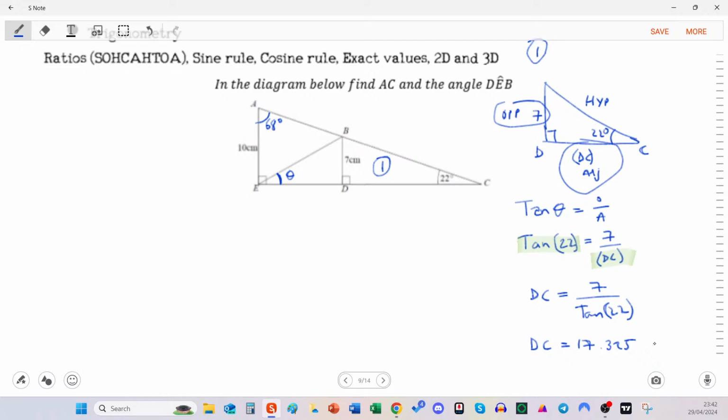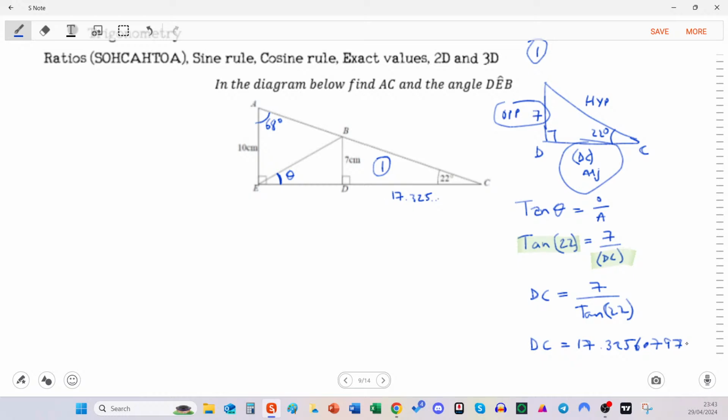17.325, 60, etc. Okay, so we're going to leave that on the calculator ready. But what we found is the bottom, 17.325... In fact, I'm not going to keep that on a calculator, because I know that I'm aiming to find ED, so I'm going to have to find the overall and subtract the 17.